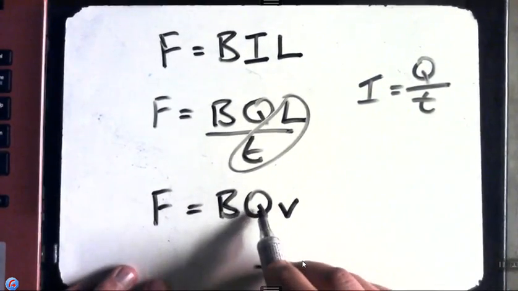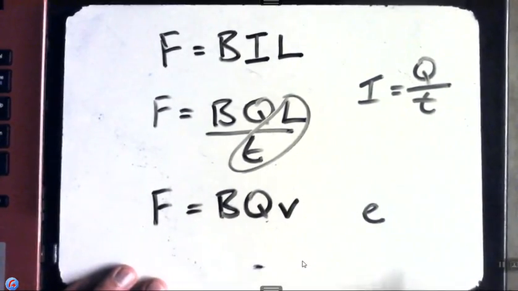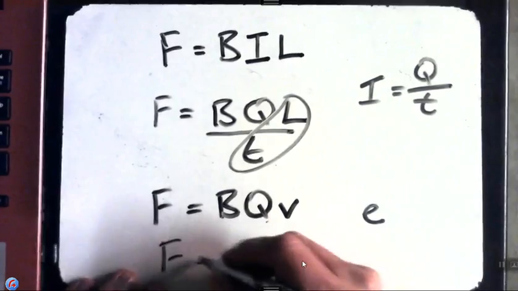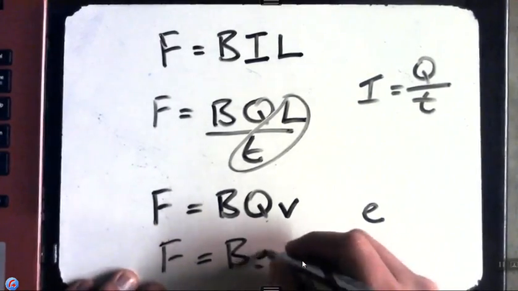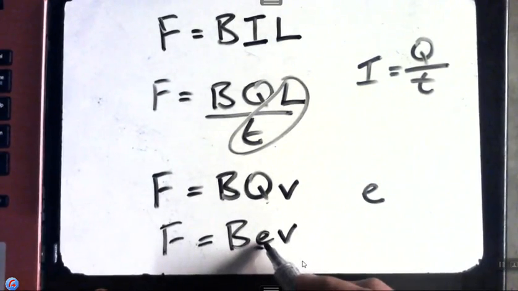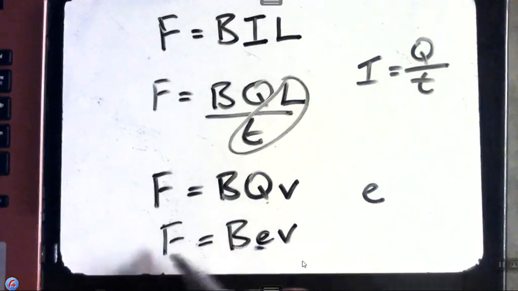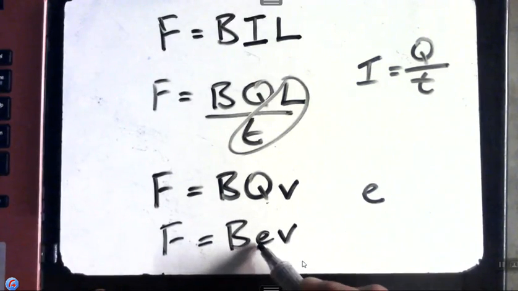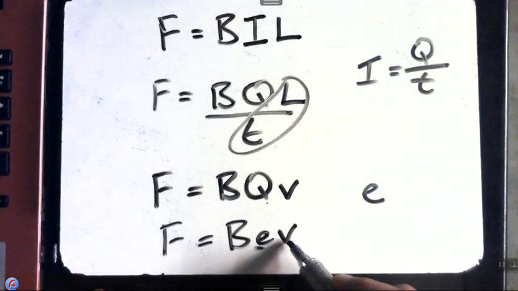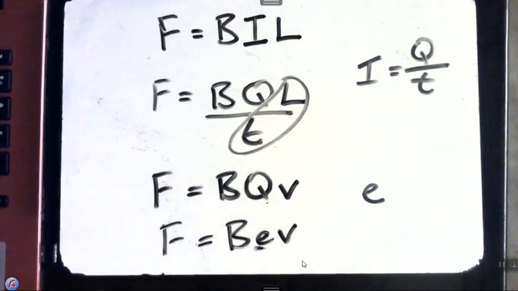Now, if we're using an electron and the electron has a fixed charge, we can calculate this by using BeV, where B is the magnetic field, e is the charge of the electron, and v is the velocity at which the electron moves. So that force depends on the magnetic field, the charge of the object, and how fast the electrons are moving, and we call this the Bev force.